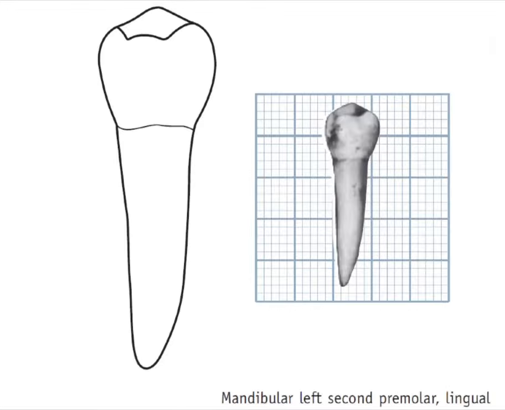Moving to the lingual aspect, which is the same but inverse image of the buccal. We can see here both the buccal and the lingual cusps, so we can see the three cusps from this aspect. This is my midline, this is the mesial, and here is the distal.